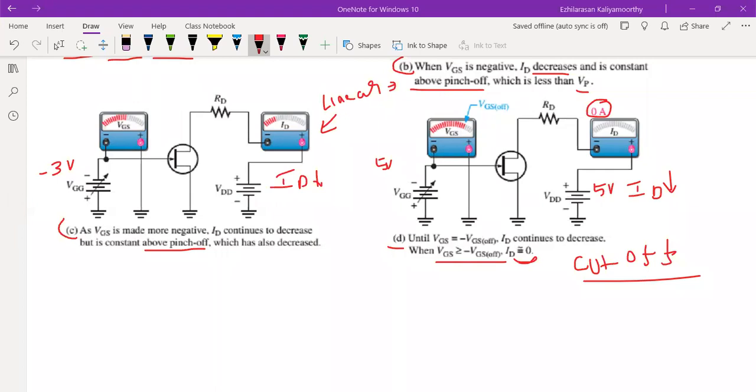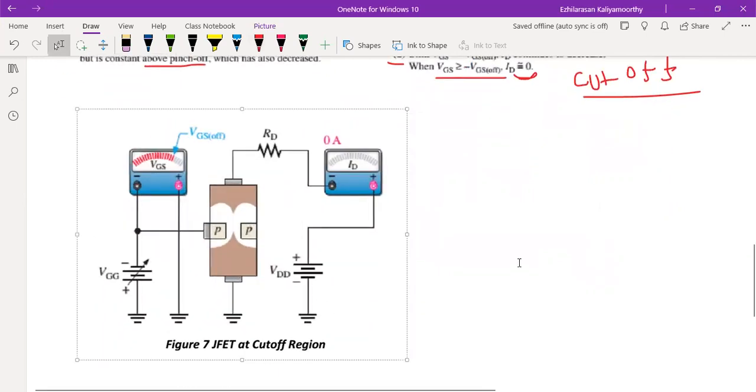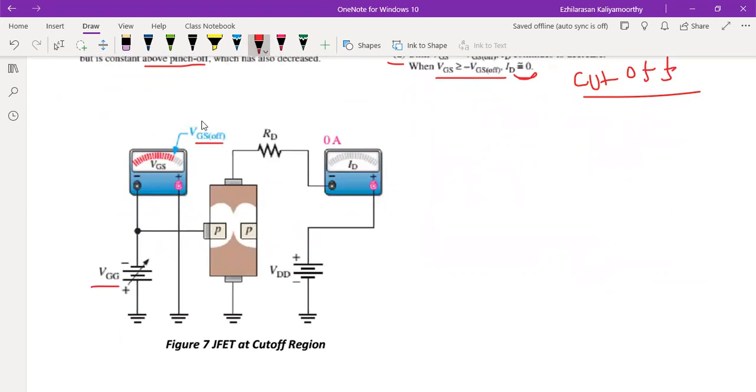So I want to show the cutoff region figure. You see this cutoff region figure. This is what we are showing with your device. This is the device we connected here. Your VGG, VGS off. VGS off is nothing but the maximum voltage the input will apply. Now here, this is your gate terminal, this will be your drain terminal, and this will be your source terminal.